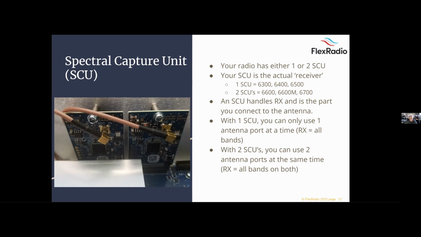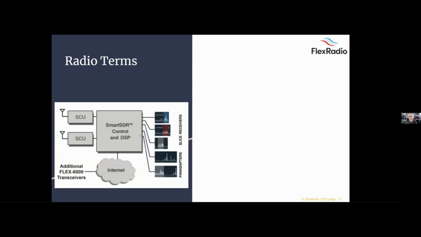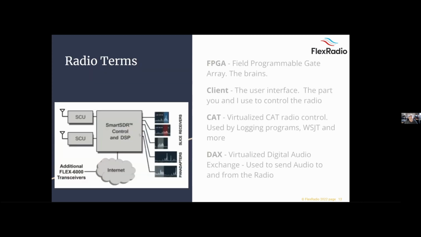With one SCU, you can use only one antenna port at a time, although you can switch the antenna port to multiple receivers, and that all happens within software. With two SCUs, you can use two different antenna ports at the same time, and you can, of course, RX on both.